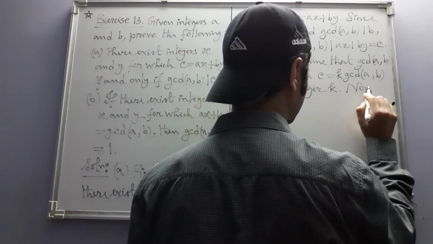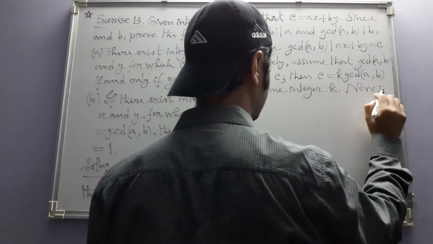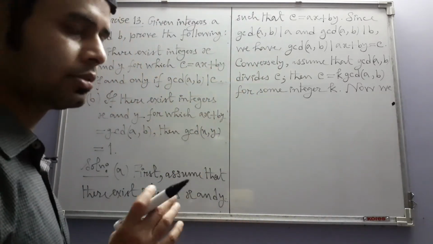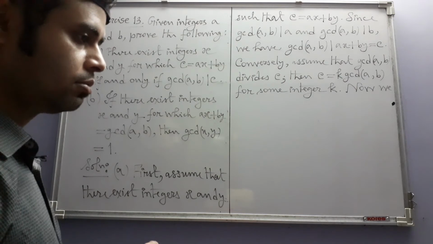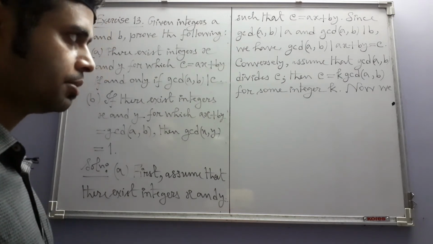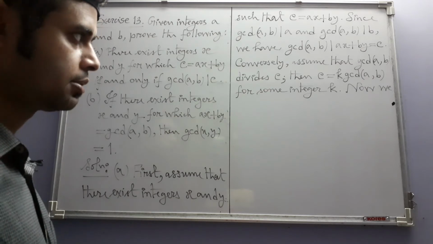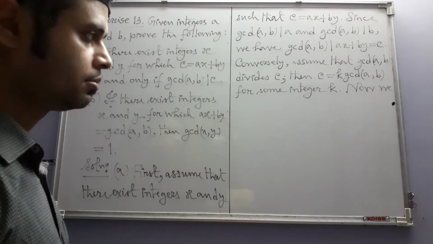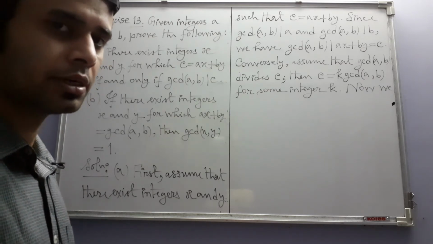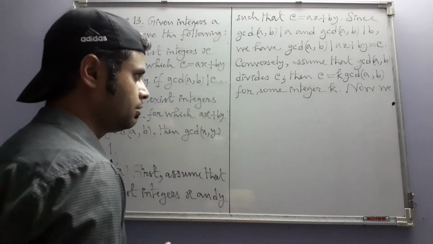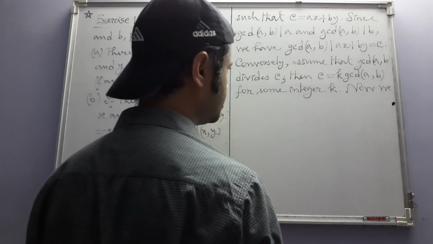Now recall our main result on GCD. If two integers are given a and b, at least one of which is non-zero, then their GCD exists and is of the form a alpha plus b beta. It's an integer linear combination of the given numbers of which you are finding the GCD.